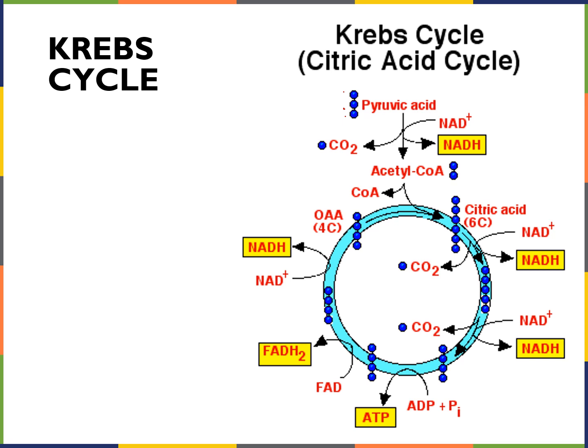So this top step right up here that I'm circling, this is the step from the previous slide that we talked about. We have pyruvic acid, which is the end product of glycolysis. And I said there's 3 different things happening. The first thing is that you lose a molecule of carbon as carbon dioxide.